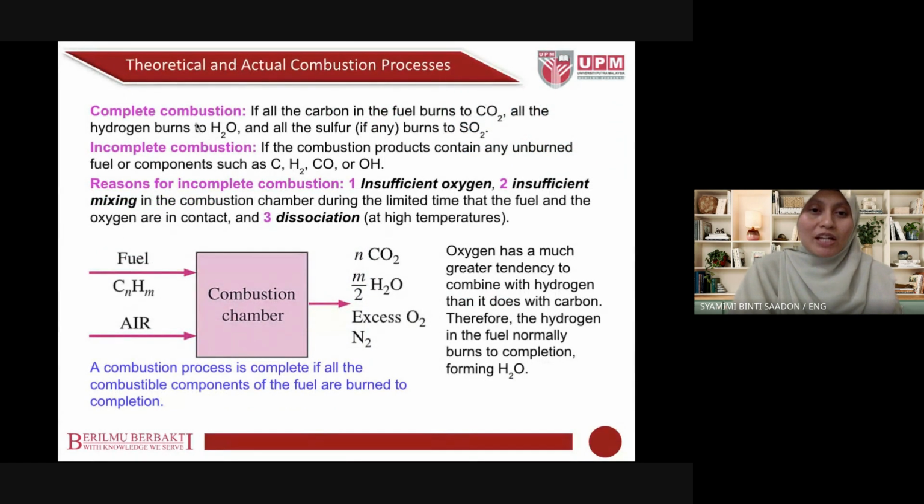Next, what we call complete combustion and incomplete combustion. Complete combustion is something like an ideal combustion process.